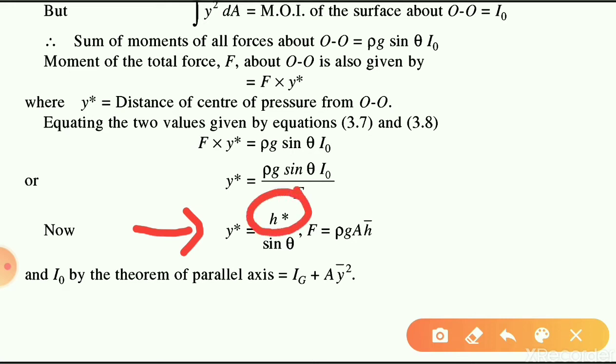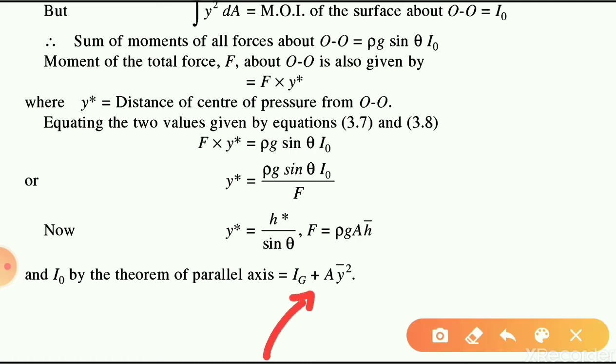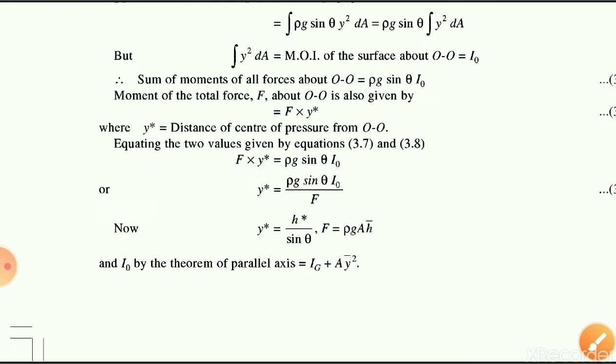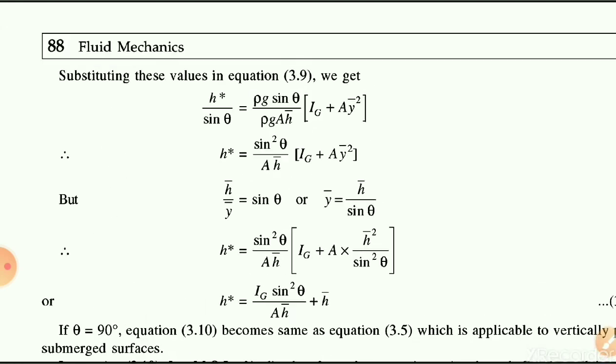So instead of y* we need to introduce h*, hence we have used this equation: y* is equal to h* upon sinθ. The value of capital F we know is ρ g h̄, and by the parallel axis theorem we know that I0 is equal to Ig plus A ȳ². So if you put all these three values into the above equation, we will get an equation like this.